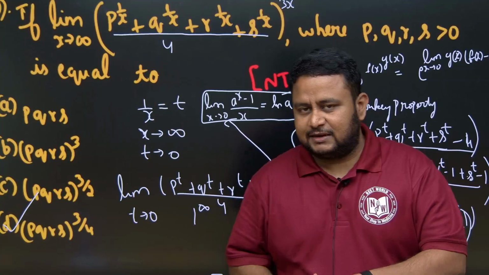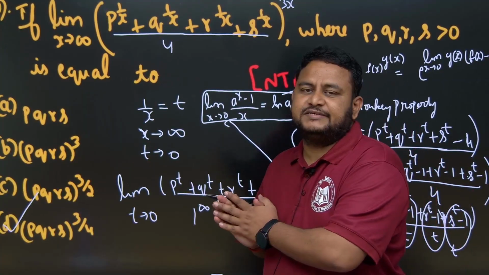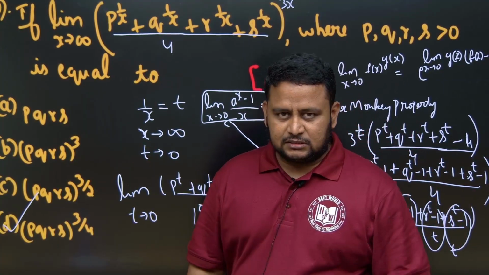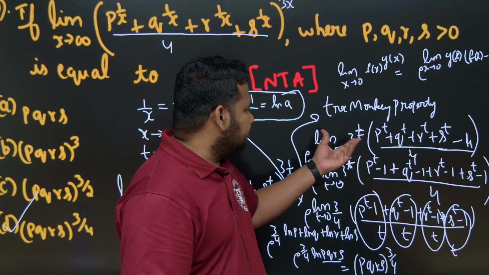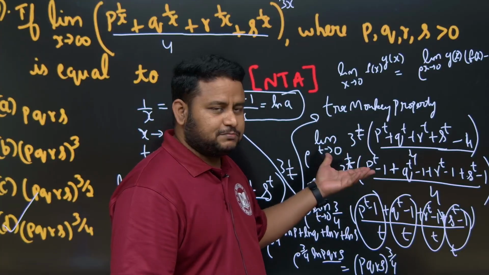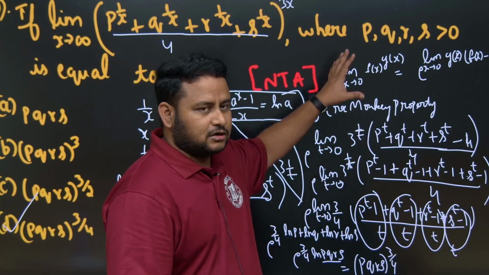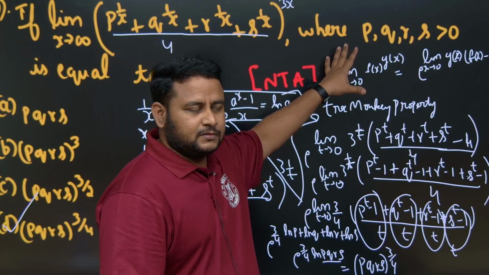I took substantial time to explain because there are so many properties involved here. One is the properties of limits, another is this limit property that we have to use, and another is the property of logarithms. Got it, friends? And then also the Tree Monkey property.